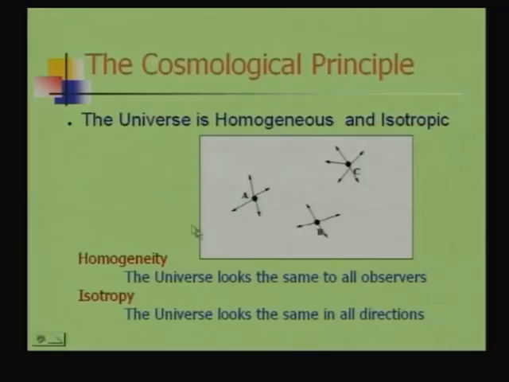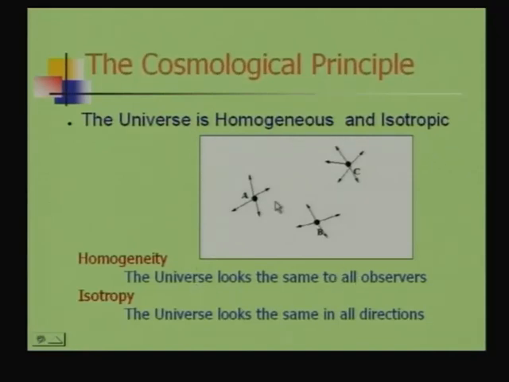Now one thing we can straight away rule out is the possibility that the universe has a boundary. Let us consider the situation where the universe has a boundary. Suppose that this was our whole universe, that is all. If this was the whole universe, then there is a boundary.